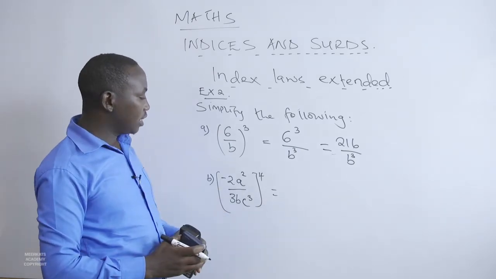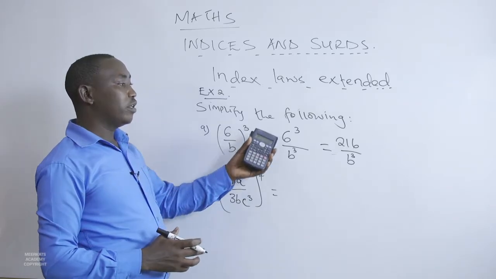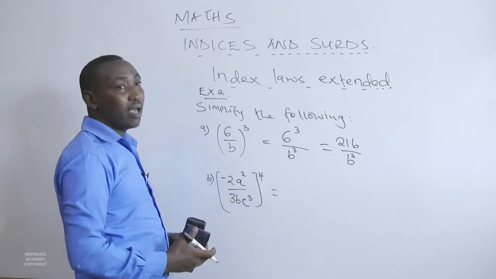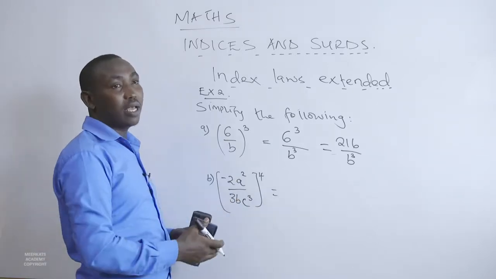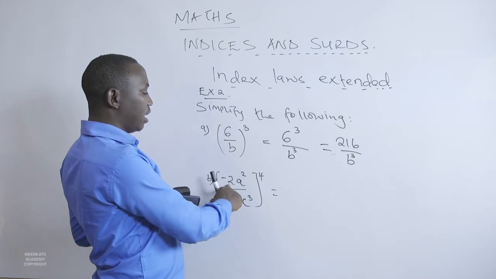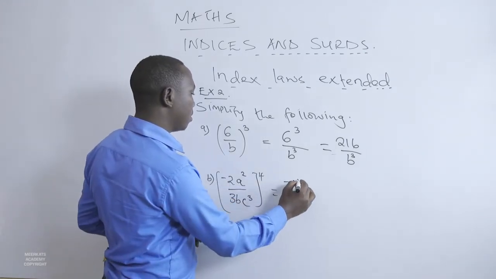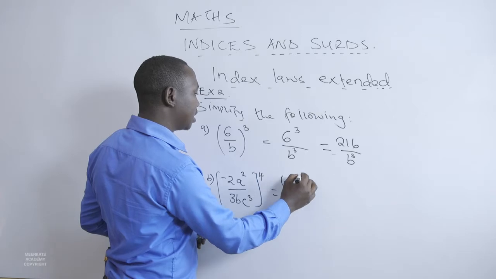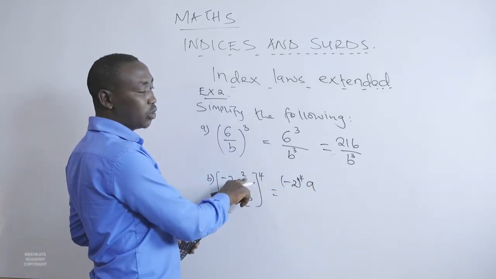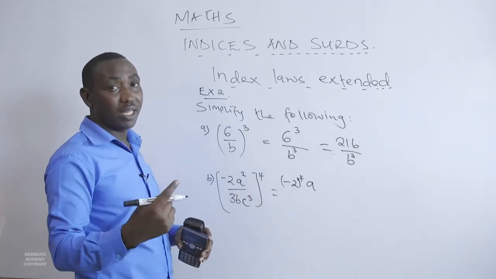Now considering this second example, whatever we have done there is going to be repeated. We are going to filter the power of 4 inside the contents of what we have here. Now, this -2 being raised to power 4, the whole of it being raised to the power of 4, a has been raised to 2, but we're again raising it to the power of 4. That means it's a power of another power.